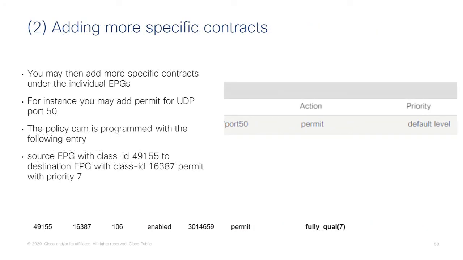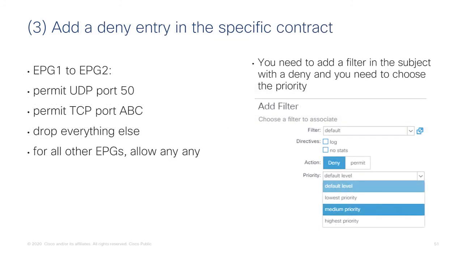Now you can add more specific contracts. For instance, you may add a contract to permit traffic for UDP at destination port 50, and this would allow the traffic. But then you need to do something else because you also have the implicit permit now, that is, the vzAny permit. You want between these two EPGs to apply more specific filtering. So what you need to add is a deny rule within the EPG1 to EPG2 contract, so that traffic that doesn't hit the permit rules is denied.